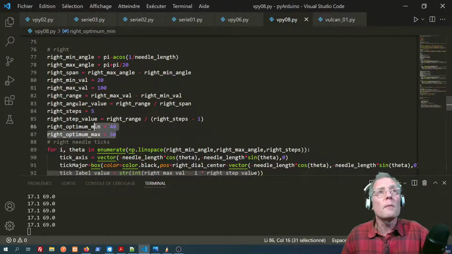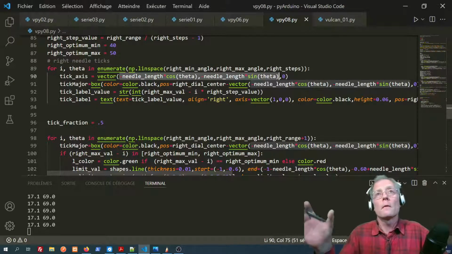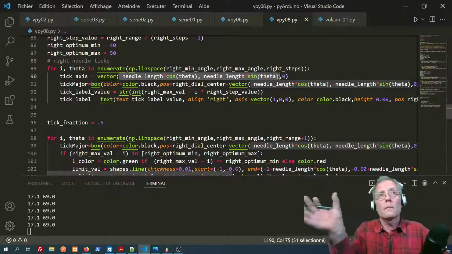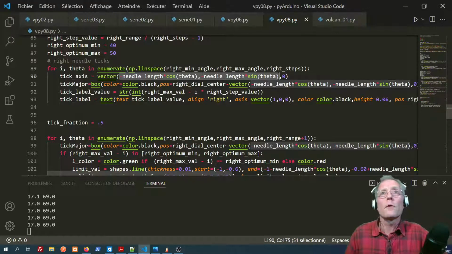Optimums are not the same, of course, and we also have to invert the process on the horizontal axis, because we draw from right to left. So the way of drawing is just reversed here.